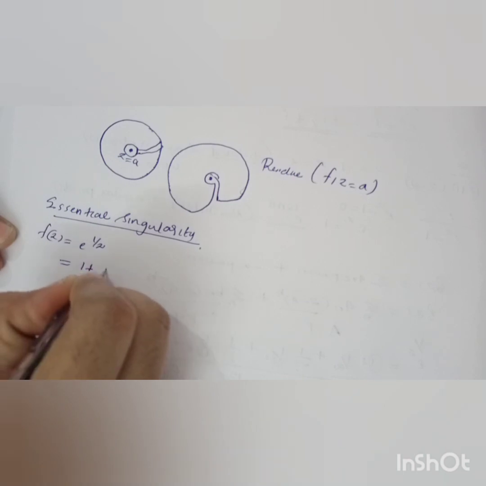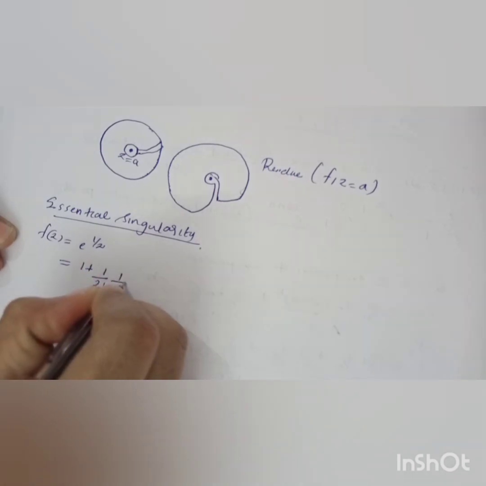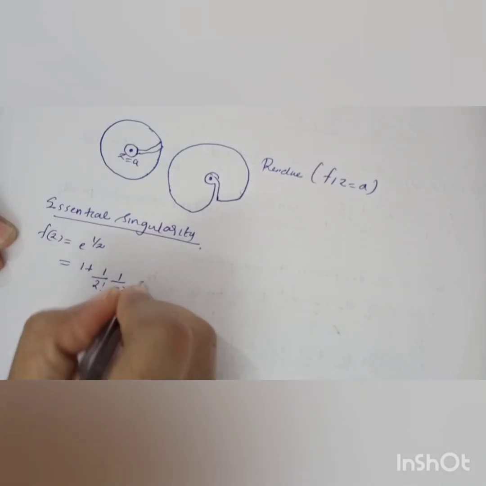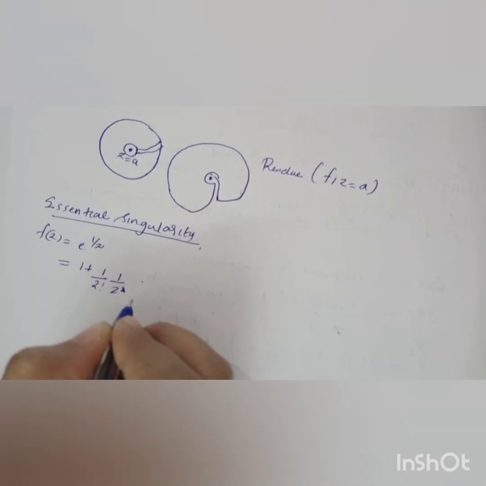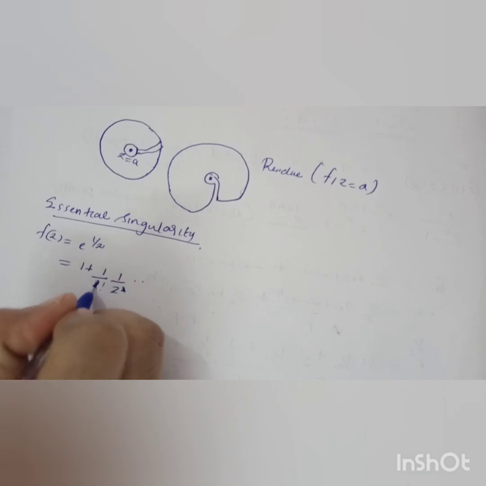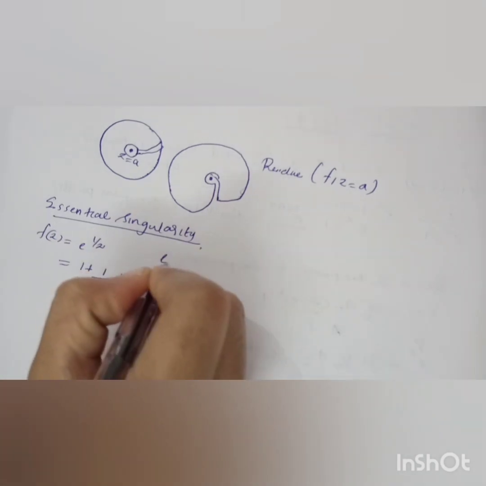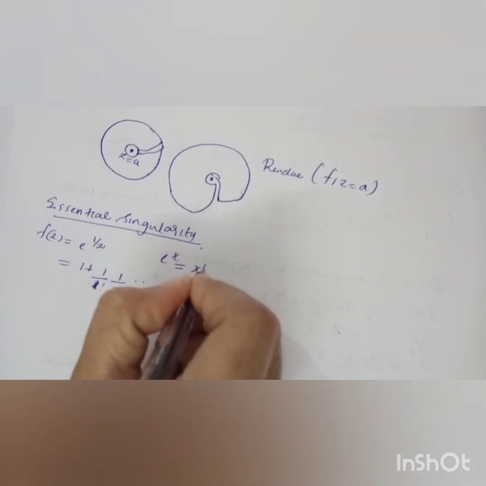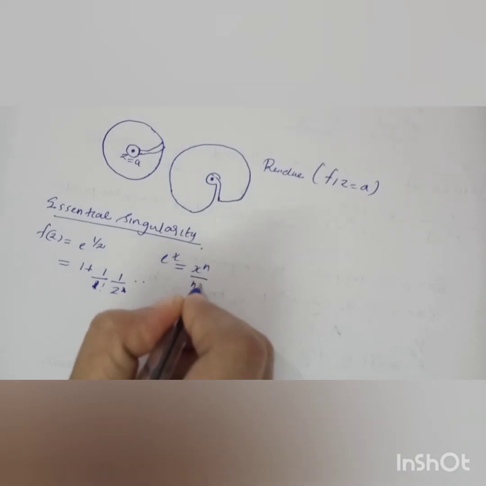You know that e raised to x is the sum of x power n by n factorial.